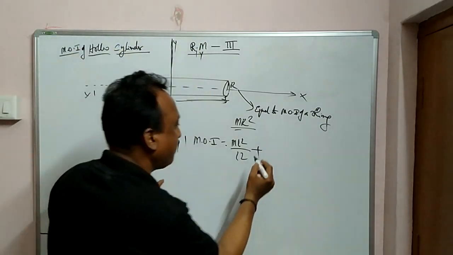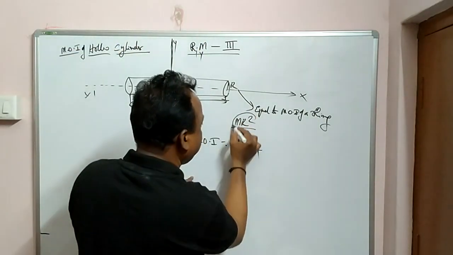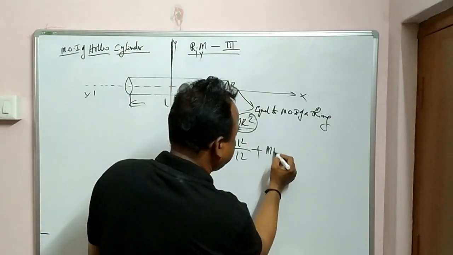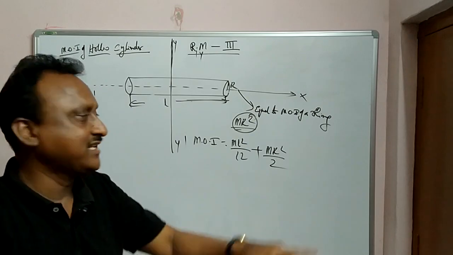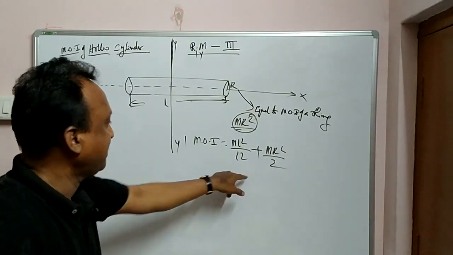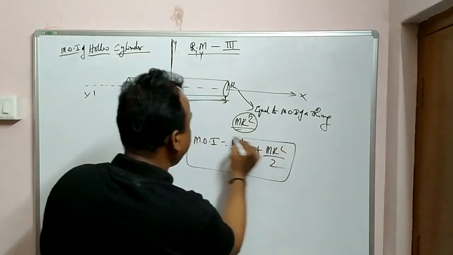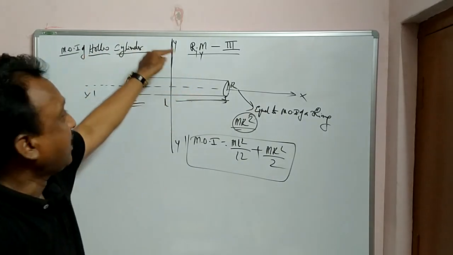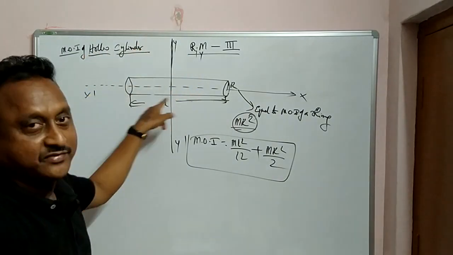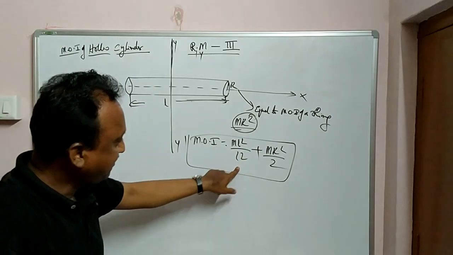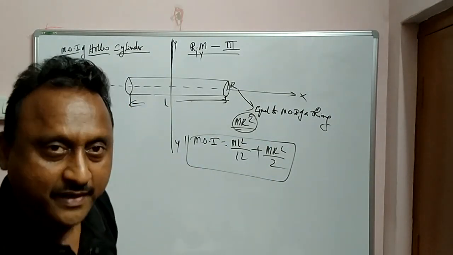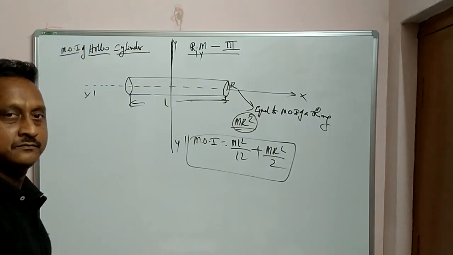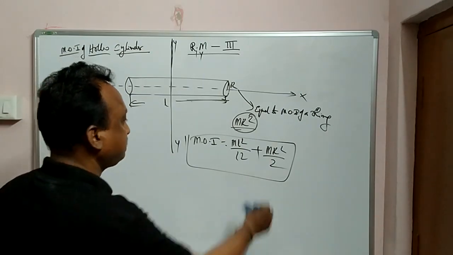Whatever value you got for the ring, mr square, becomes mr square by 2, because two diameters are the same. So the moment of inertia of a hollow cylinder about an axis perpendicular to its length is ml square by 12 plus mr square by 2. Clear? Copy it.